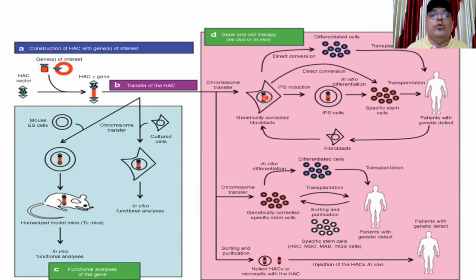So we constructed a human artificial chromosome with a properly functioning stretch of DNA, and introduced it into the induced pluripotent stem cells.